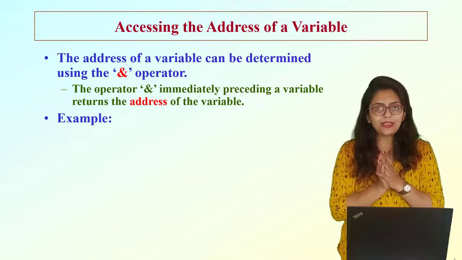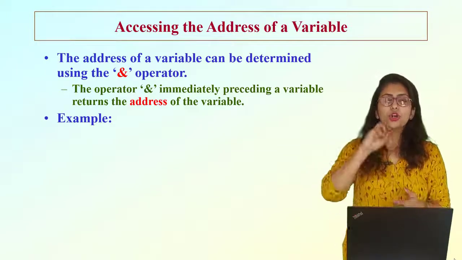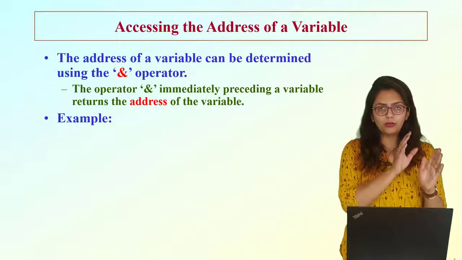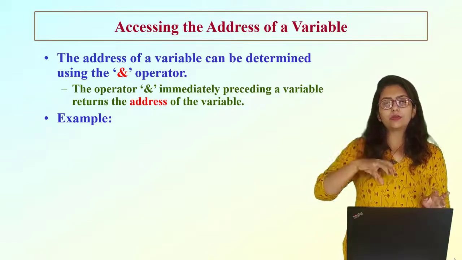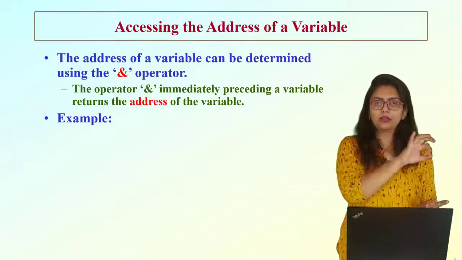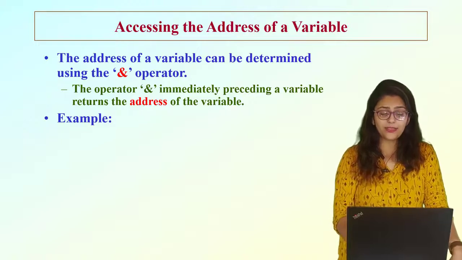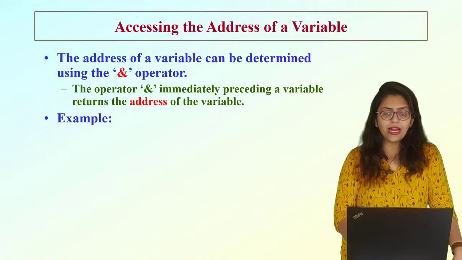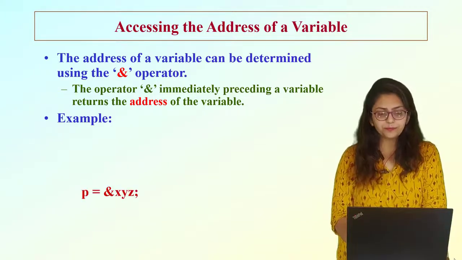So I was telling my system in scanf that you have to store this value entered by the user at the memory location of A. Suppose A is stored at location 100, then it will store the value entered by the user at location 100. How would it know? By seeing &A, right? So the AND operator is basically used for accessing addresses. The operator & immediately preceding the variable returns the address of the variable, right?